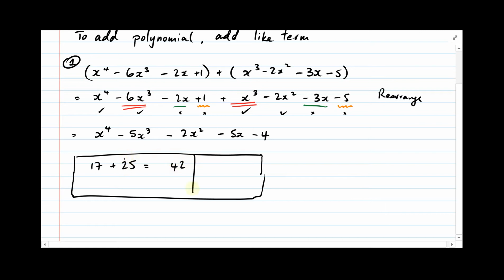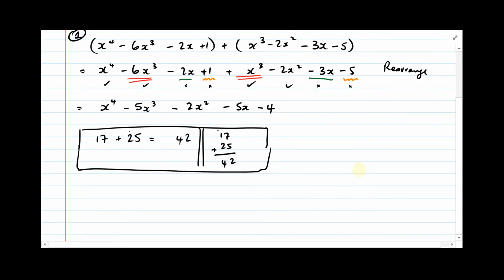But likewise, you could have put it in this vertical form and then done your addition. 2 here, carry the 1, and you end up with the same answer. So we're going to look at adding and subtracting polynomials in both our horizontal and vertical fashion.